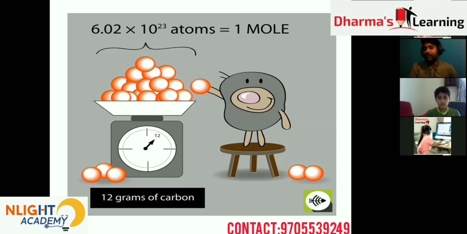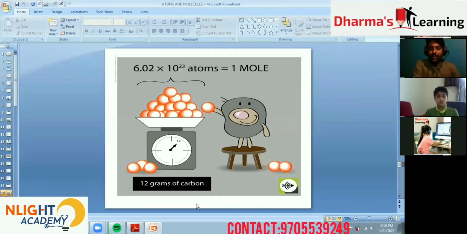Actually, it is expressed in standard notation, but if you want to write it in expanded form, you can put almost 21 zeros beside 602. Such a big number is equal to 1 mole. Got it? Okay, sir. Let's see some detailed information about this mole concept.